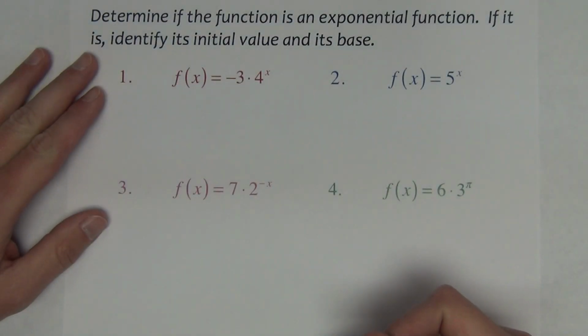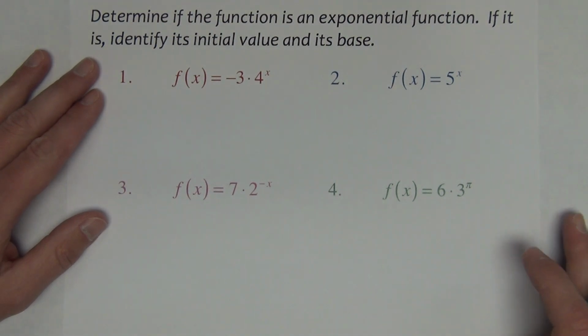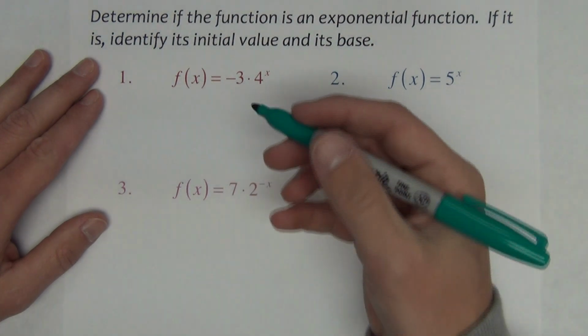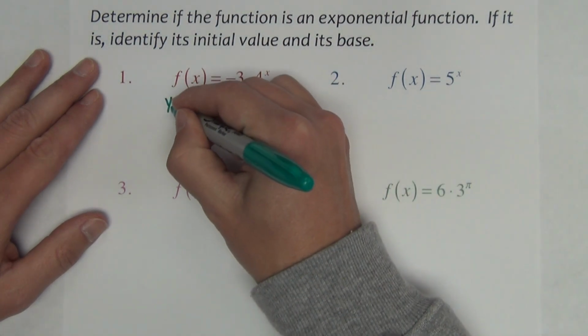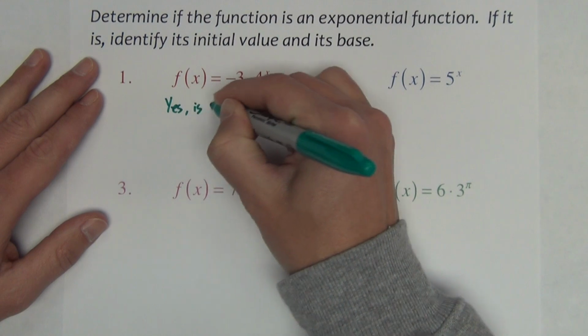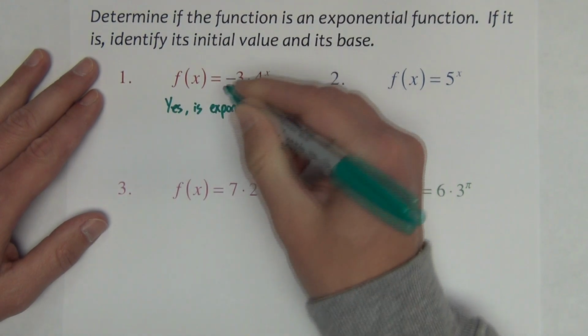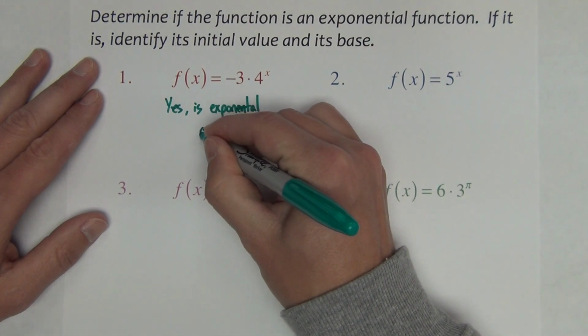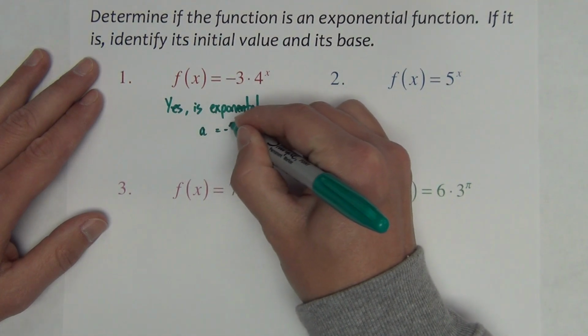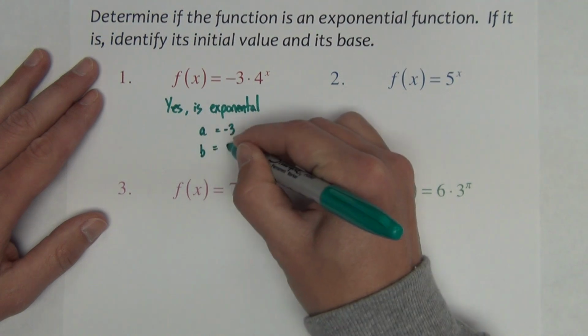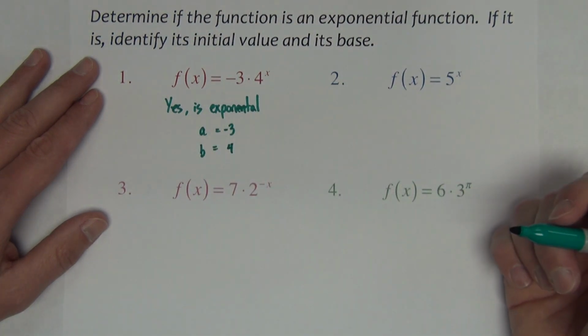Okay, here we're asked to determine if the function we're looking at is an exponential function, and if it is, identify its initial value and its base. So just getting comfortable with an exponential function, being able to recognize it, is the idea here. This first one, yes, it is exponential. I could say my initial value, I'm just going to use a, is -3, and my base b is 4.